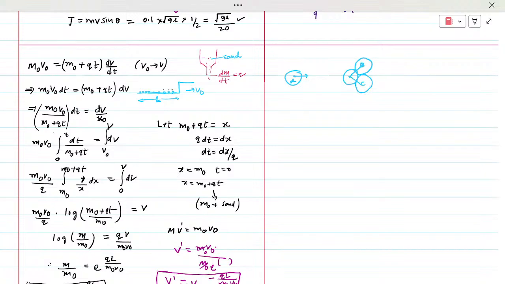Same size means the mass is not equal here. So if you take B and C as m, A is equal to m by 2 mass, but the radii are the same. Therefore, from this case, here you will find out the angle. That is why I am telling same size. Same size means this is a 2R equilateral triangle. Therefore, this angle will become 30. The total is 60, therefore this angle alone is 30.